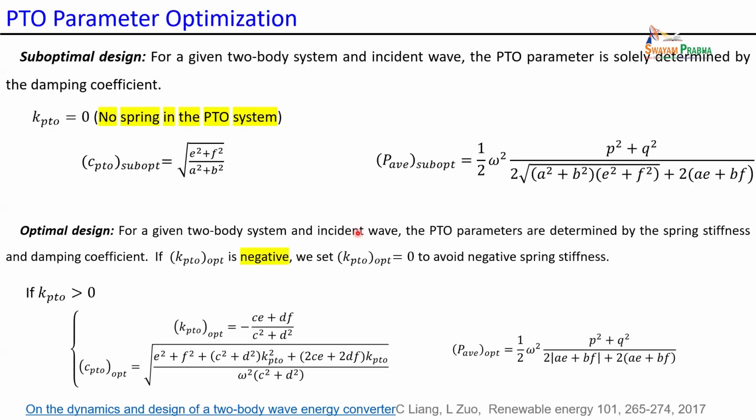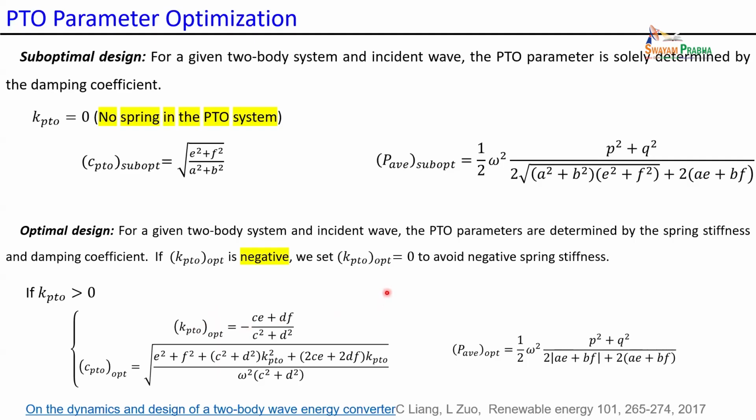In that way, you can find the optimal stiffness too, right? And the optimal stiffness you can solve that way. Keep in mind, this optimal stiffness can be negative, right? Sometimes you need to have negative stiffness to tune the system, right?